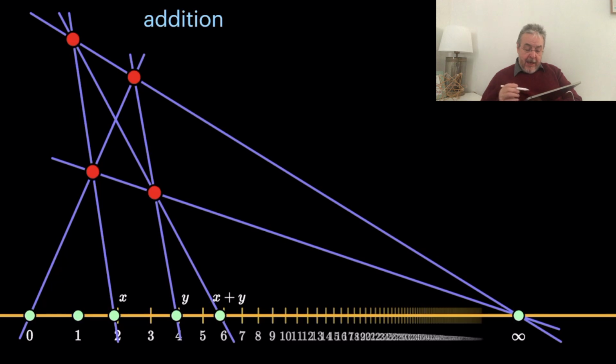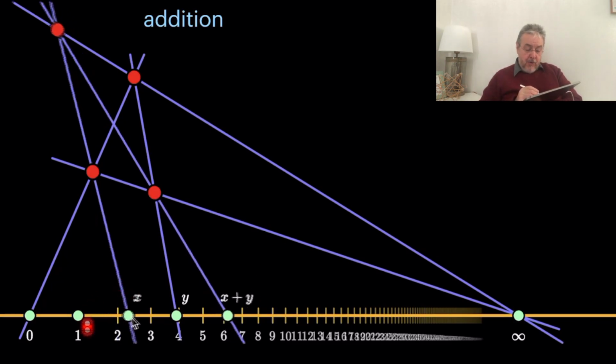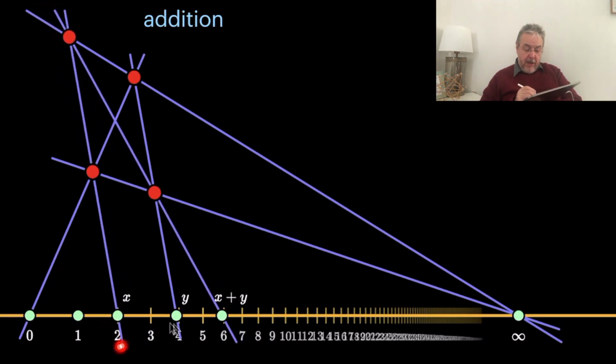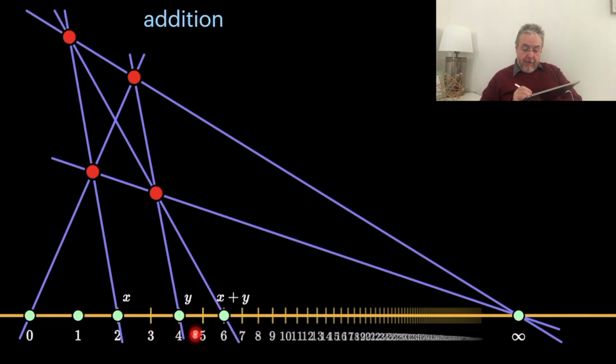For that I move my point 2 here to some specific coordinate. Let's take the example of 2 and 4, and what you see here is that indeed 2 plus 4 ends up at position 6, even in an arbitrary projective scale.